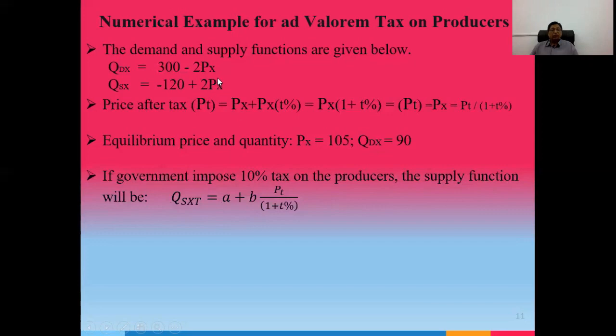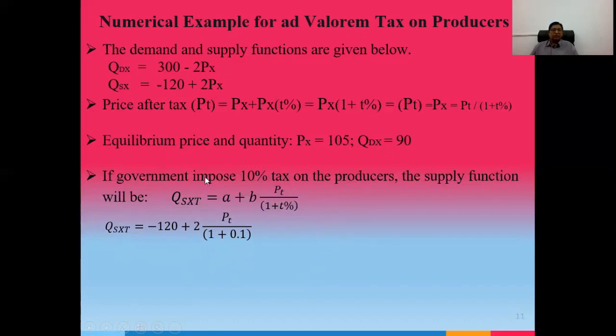Instead of Px, we substitute PT over 1 plus the tax percentage, 1 plus T percentage. Now you can see this is the initial supply curve, minus 120 plus 2Px.